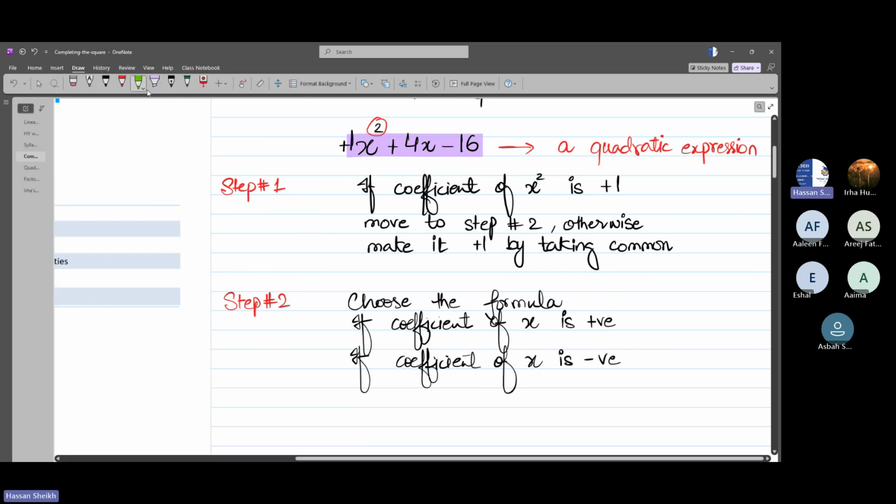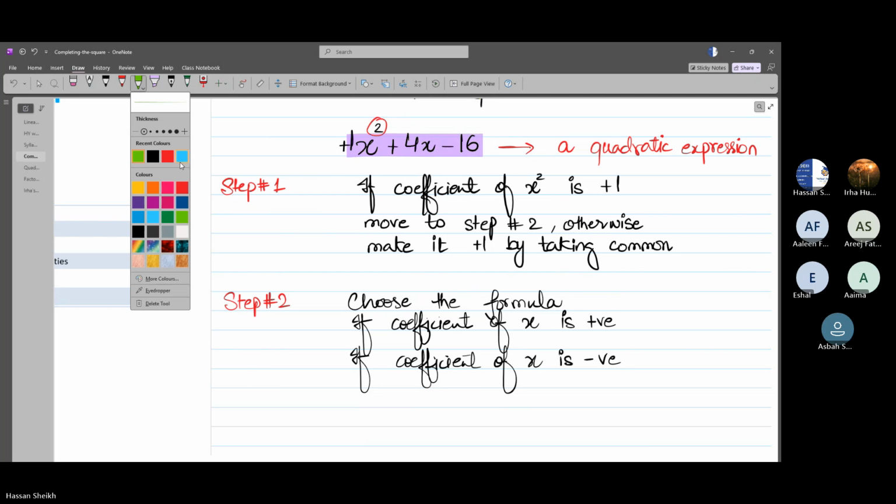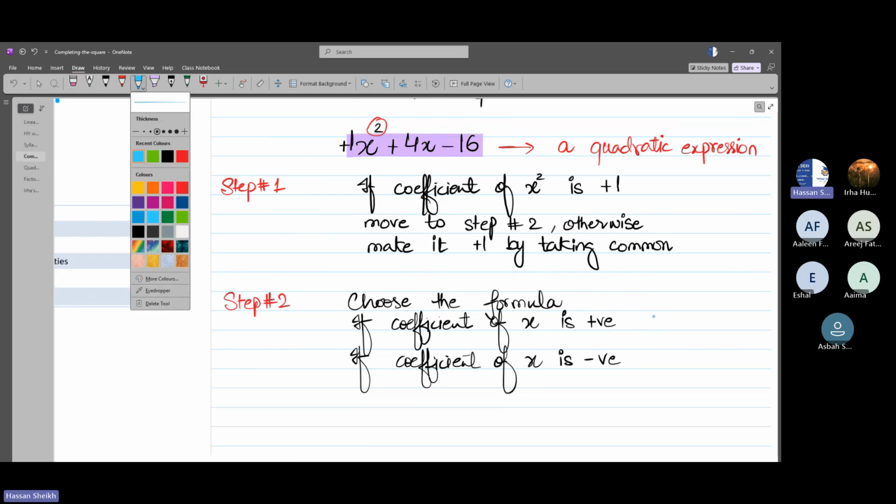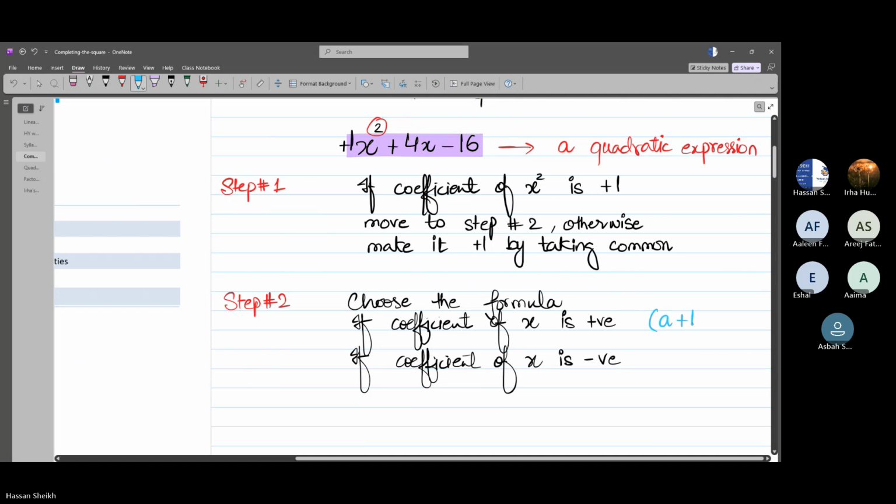If the coefficient of x is positive, then we use the expansion of (a plus b) whole square. And if the coefficient of x is negative, we'll use the (a minus b) whole square expansion.